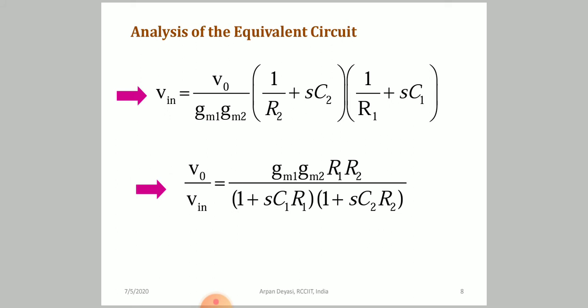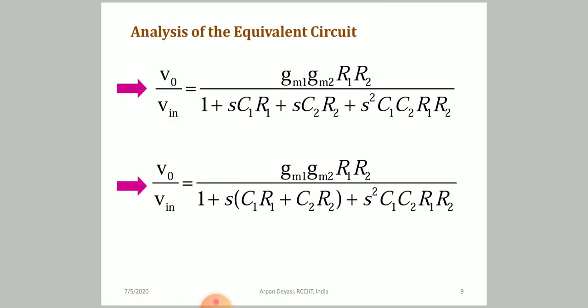So the transfer function should be V0 by Vin, as the definition of transfer function is the output signal by the input signal. It will be gm1 gm2 into R1 R2 divided by 1 plus sC1R1 into 1 plus sC2R2. That simple algebraic calculation you can very easily do, and you are getting this.